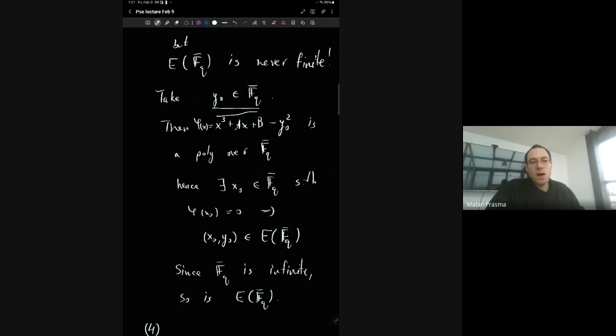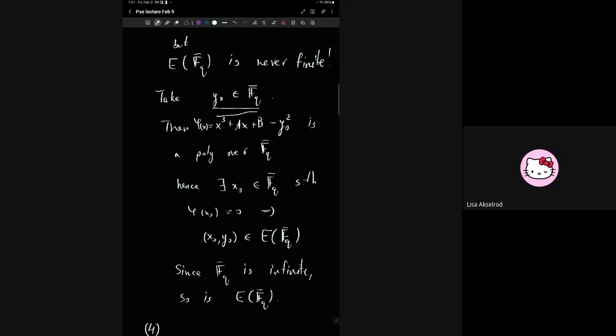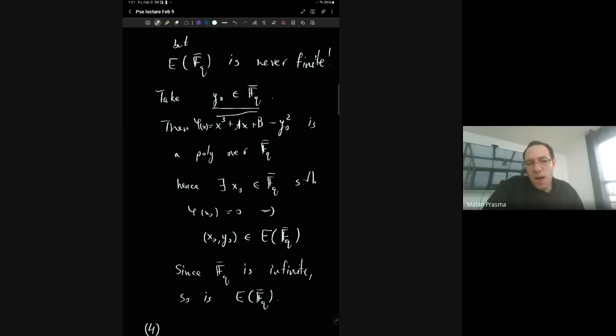So what I need to show you is that there are infinitely many solutions to the equation. If I show you this, then I prove my claim, right? Yes. So now I fix y0. For every y0 that I fix, I find a solution.